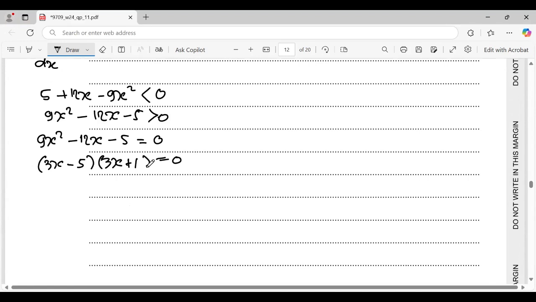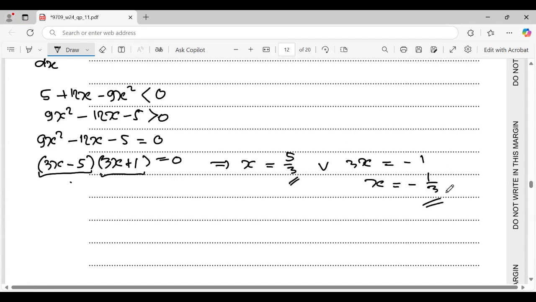So through factorization, we can determine that 3x minus 5 equals 0 first, so x equals 5/3, and from the other term, 3x equals minus 1, so x equals minus 1/3.